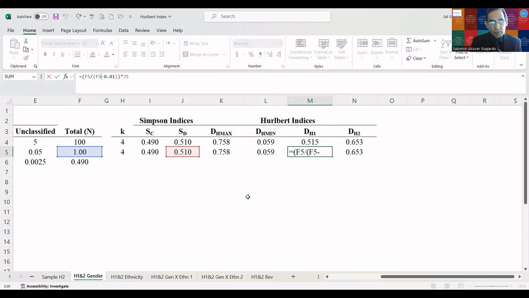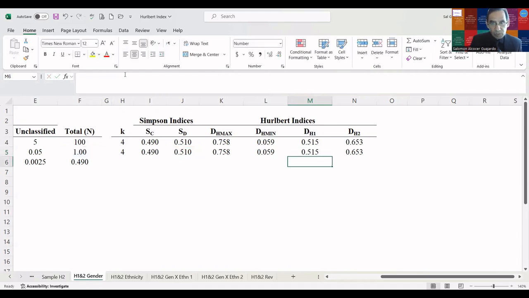And recall that it's going to be the total number of individuals in an organization divided by the total number of individuals in an organization minus 1. In this case, when I use percentages, it's going to be 100 divided by 100 minus 0.01. And then I times that by the Simpson index, 0.510, in this case J5.